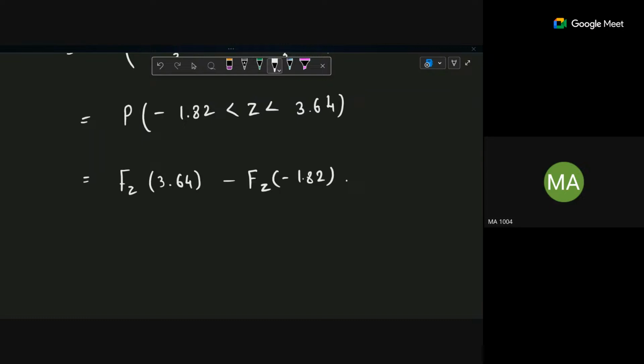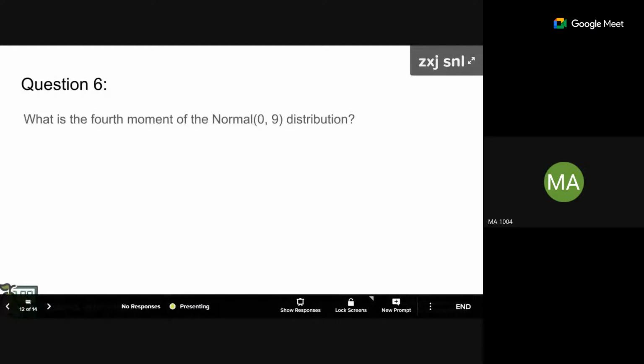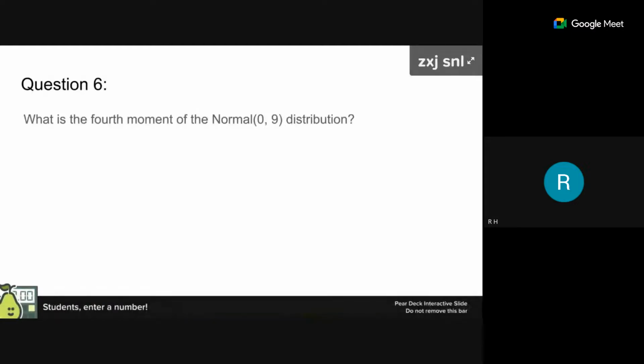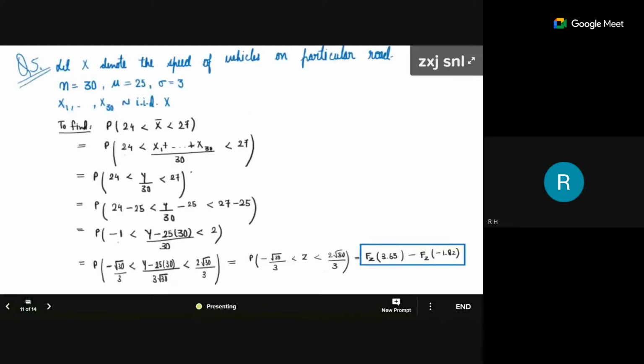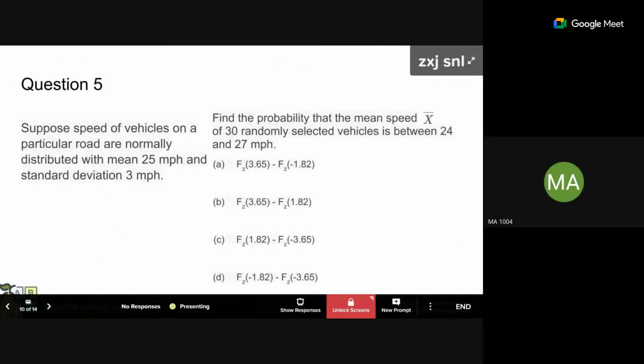If not, let's discuss the last question. What is the fourth moment of the normal distribution? I just need to see the previous question. If you could scroll up. Yes, so there was option number 1.